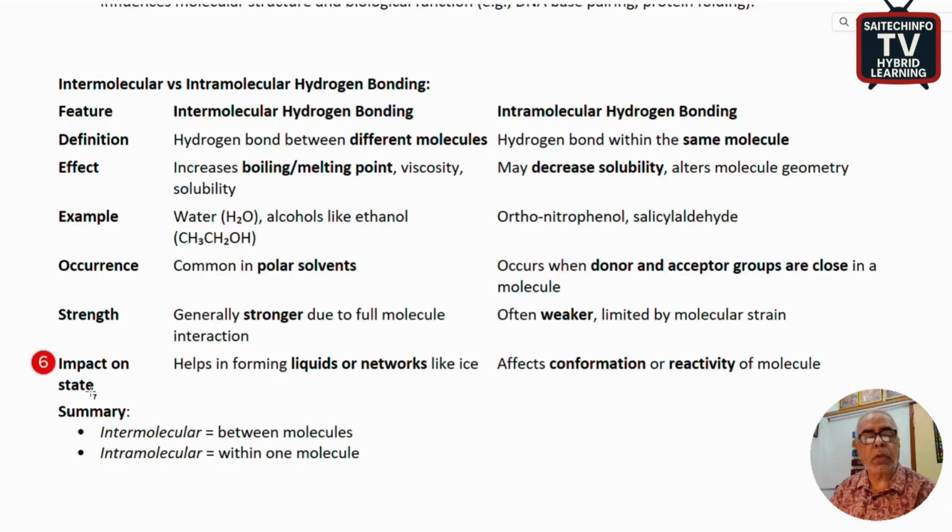And there is an impact on the state also. For example, intermolecular hydrogen bonding helps in forming liquids or network-like ice, whereas intramolecular hydrogen bonding affects conformation or reactivity of a molecule. Okay. So to summarize, intermolecular means between the molecules, intramolecular means within one molecule.